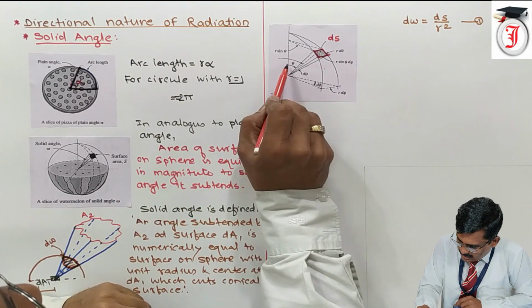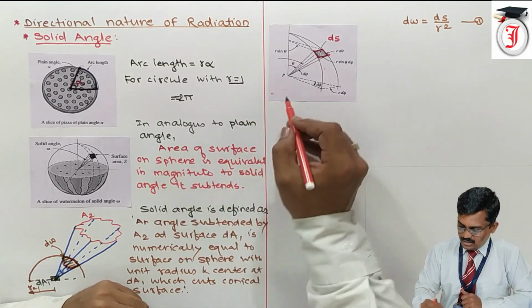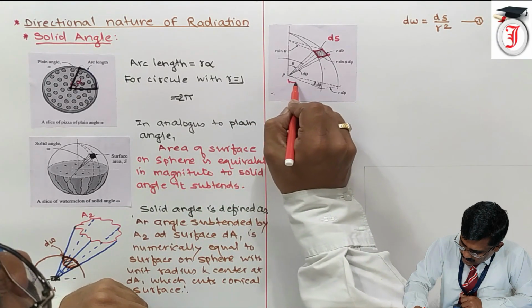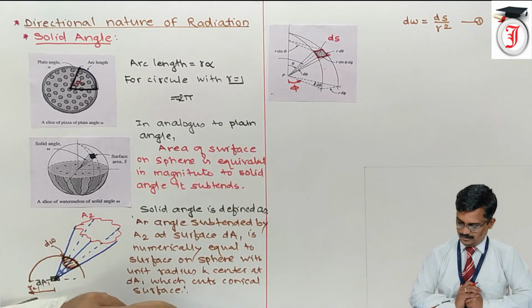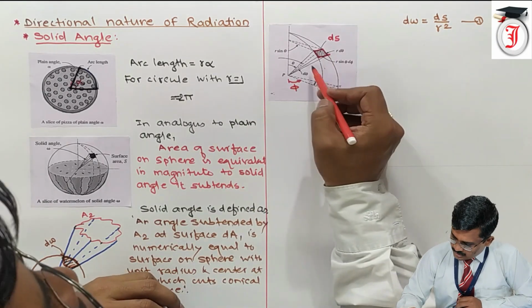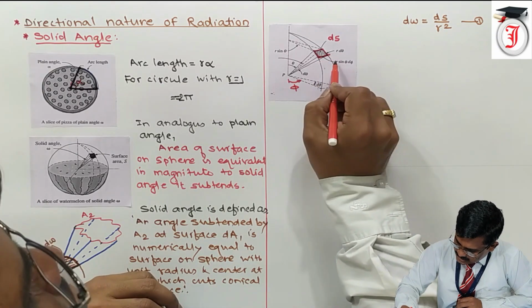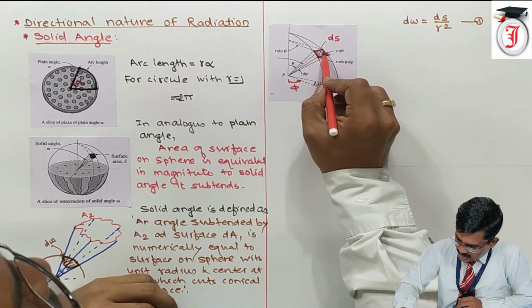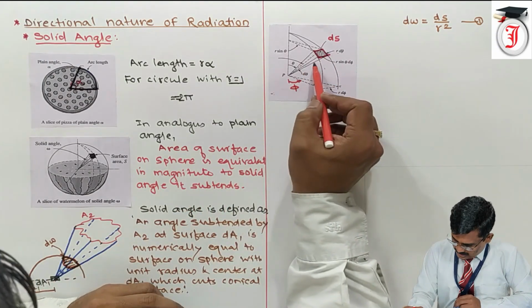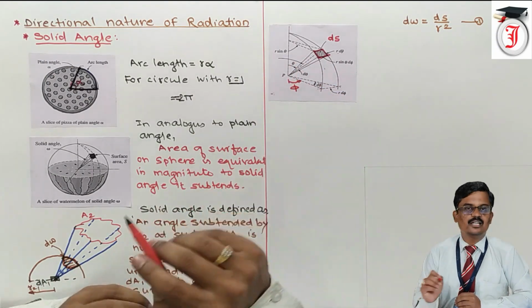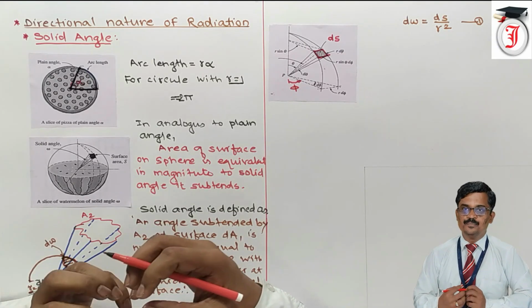We know this angle theta is called the zenith angle, whereas this angle is denoted by phi, which is called the azimuth angle. This side is r sin theta d phi, and this dimension is r d theta. We can easily determine this by simple trigonometry.